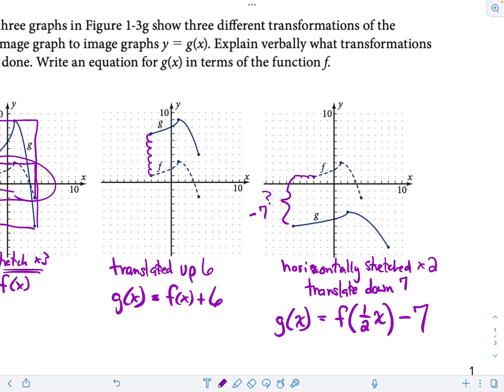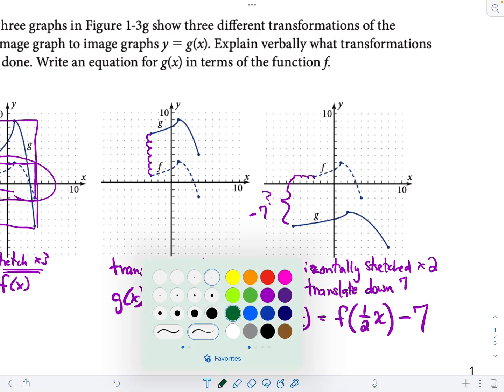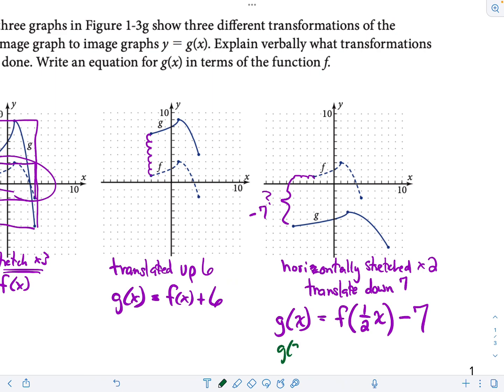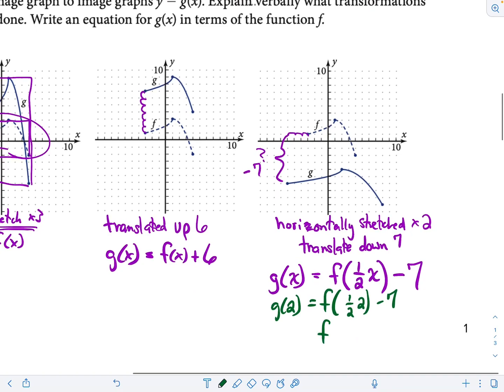And you can always double check. If you want to find g of, let's say, g of 2, I'm going to do that because that makes me put in a 2, 1/2 of 2, minus 7. I end up taking f of 1 and then taking away 7.